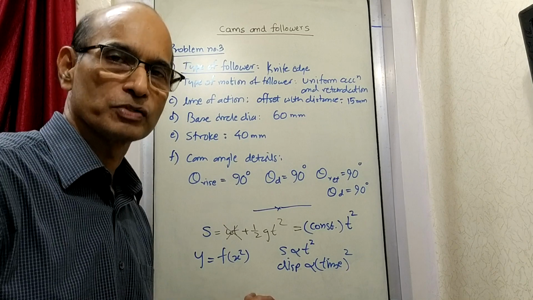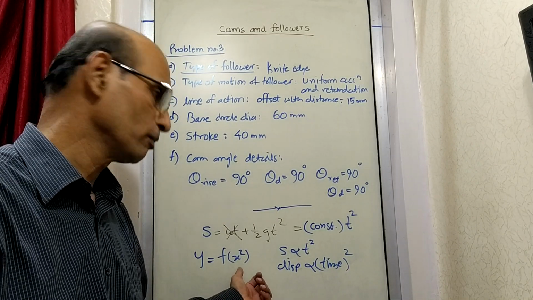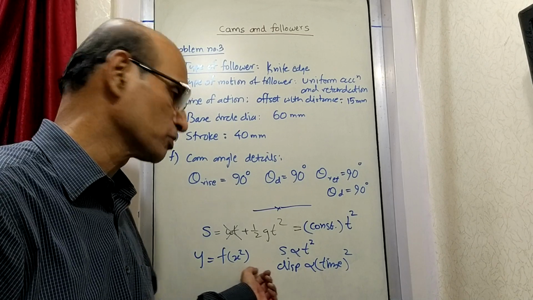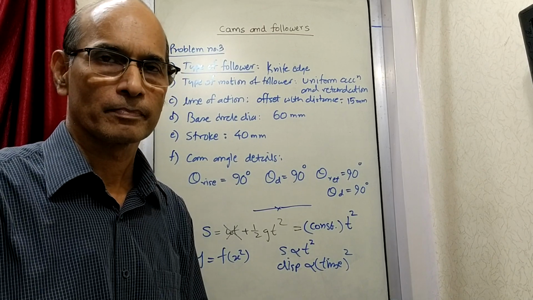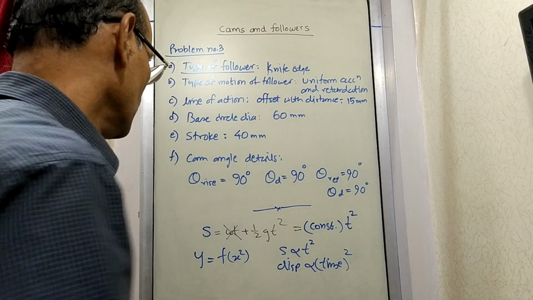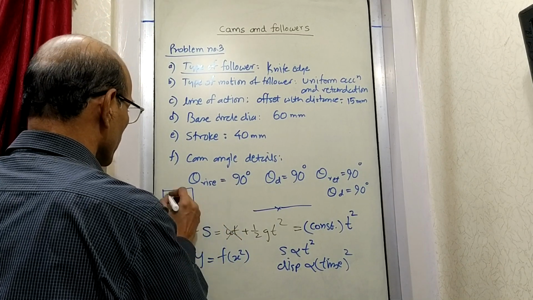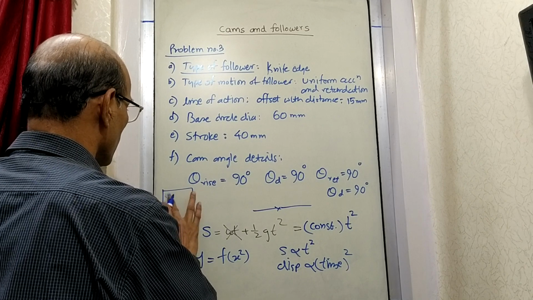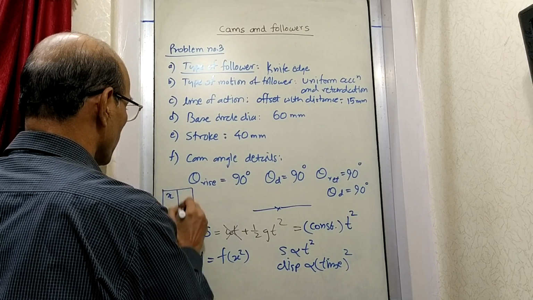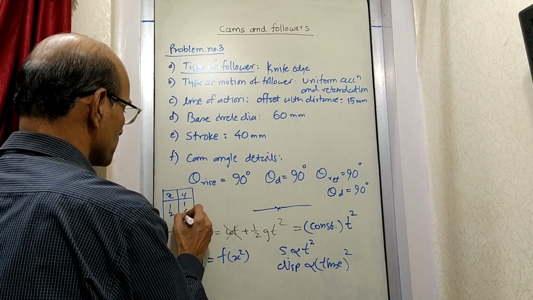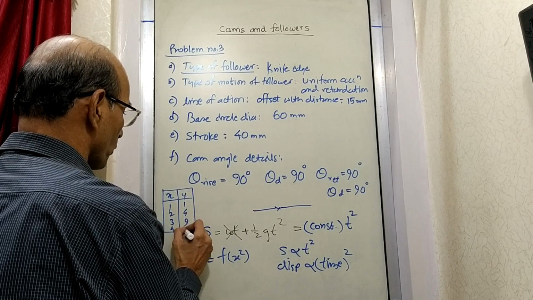If you are given a function y which is moving as per square of x, then how is the graph of y versus x drawn? You make one table. You write here x, you write here y. Now when x is 1, y is 1. When x is 2, y is 4. X is 3, y is 9. X is 4, y is 16.